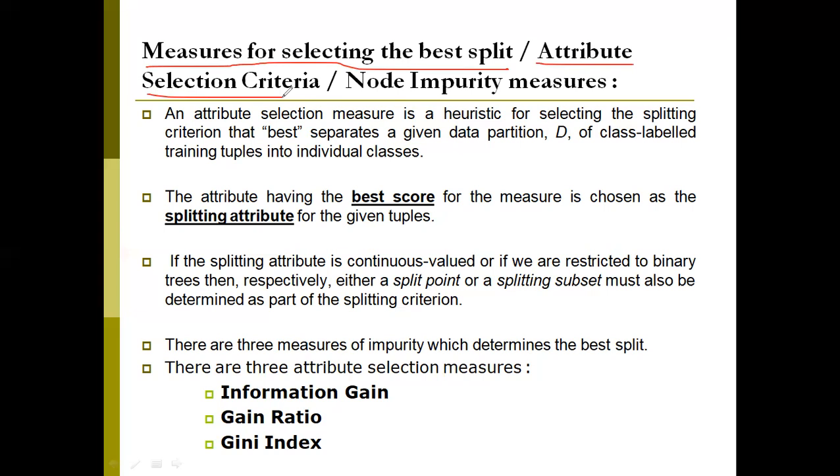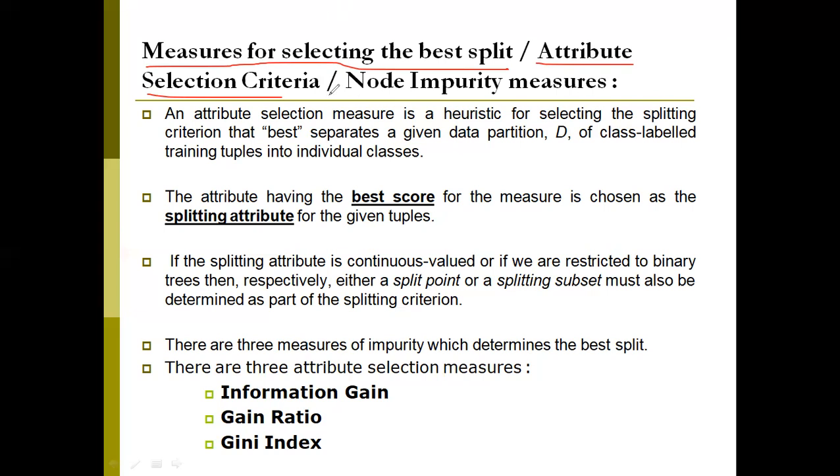Among these multiple attributes, which attribute do we choose first, then second, then third, to construct a decision tree or to construct a model based on the given training data set.